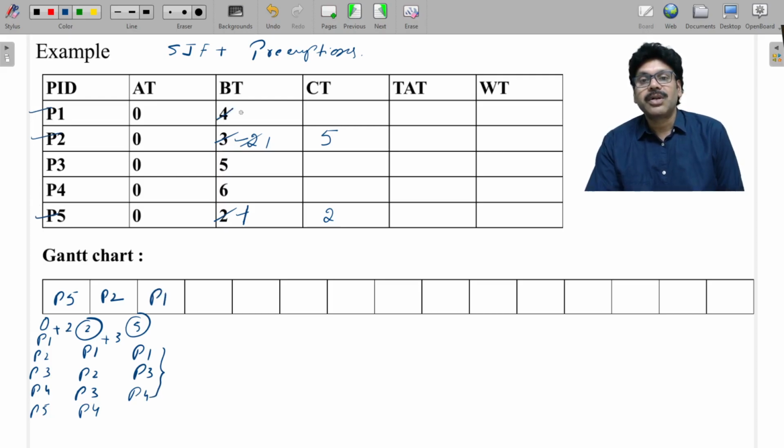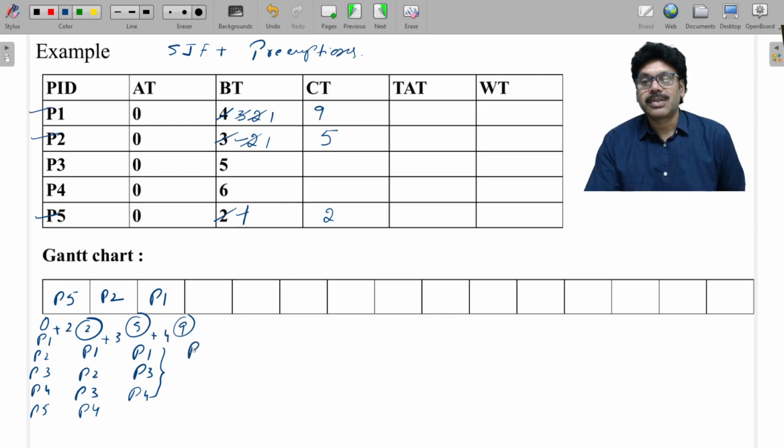Even if I cut 1, the rest is 3, which is still the shortest. Even if I cut 1, the rest is 2. Even if I cut 1, the rest is 1. Therefore P1 is executed completely for 4 units of time. By 9, it gets completed.